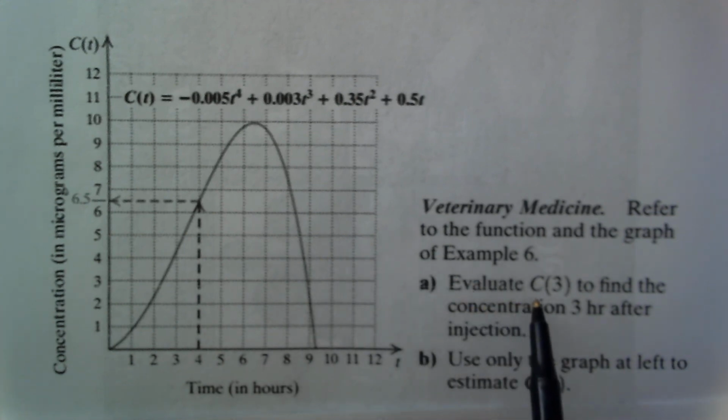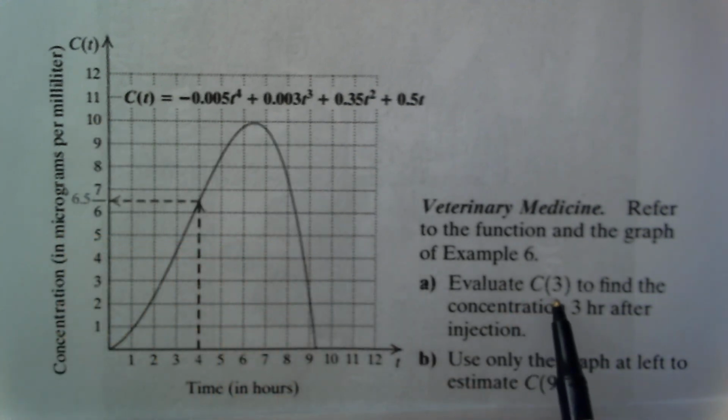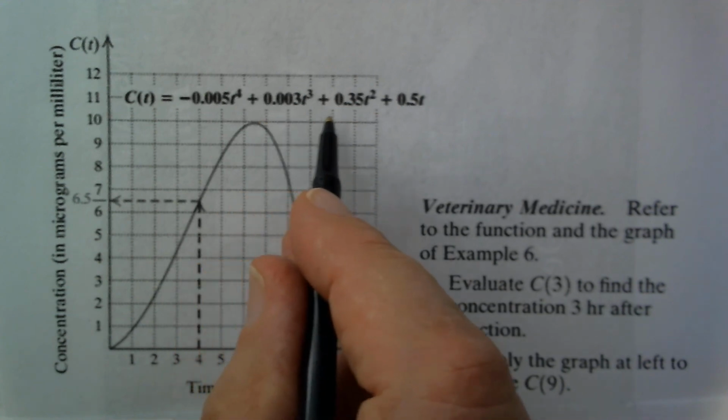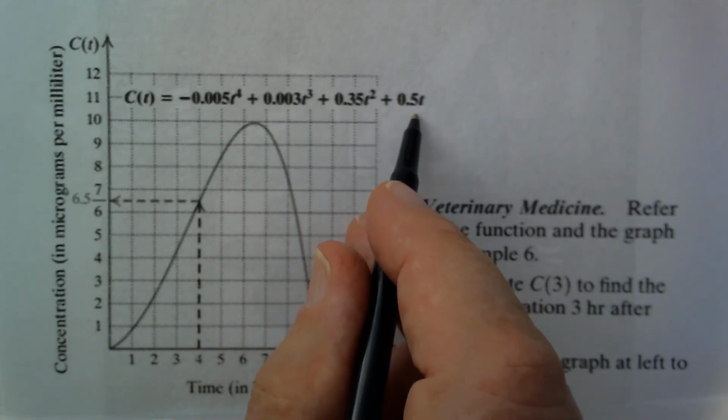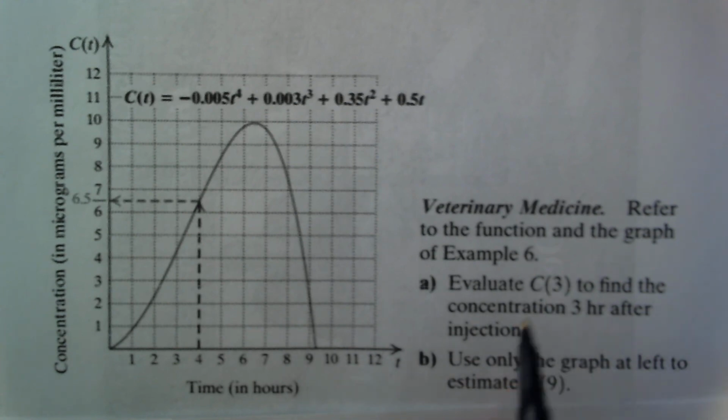And so we are supposed to evaluate this function here, c of t, when t equals 3, after 3 hours, in other words. So what it means is that in this expression here, for the concentration, we replace every t with the number 3.